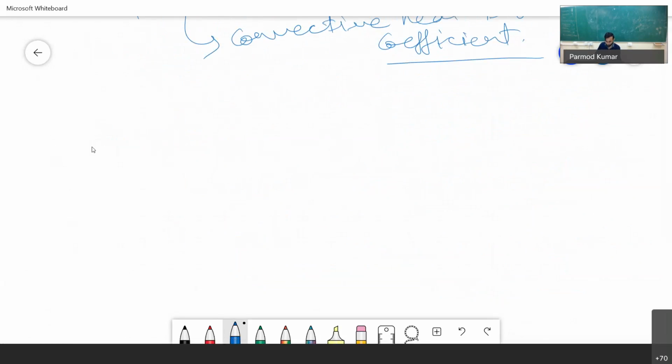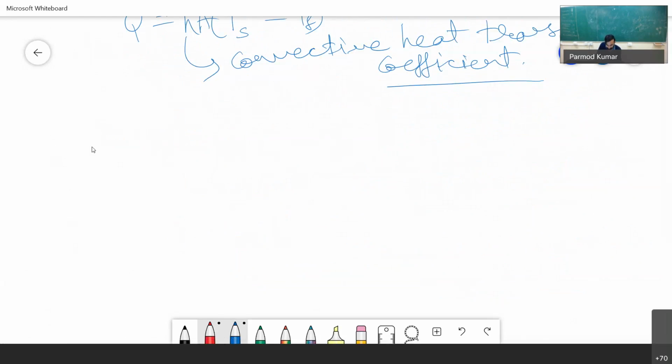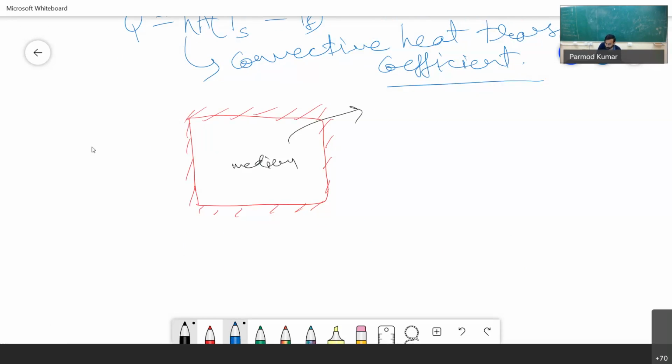Okay, so let us consider this as our isolated system, where it does not have any mass or energy interaction with its surroundings. Inside this system, whatever medium we have will have some properties at the given state of the system, for example some pressure and some temperature.